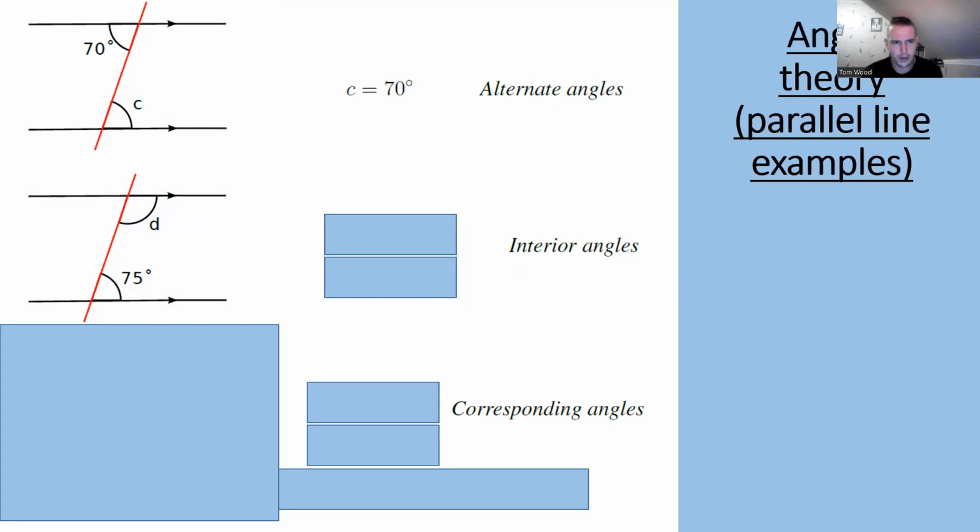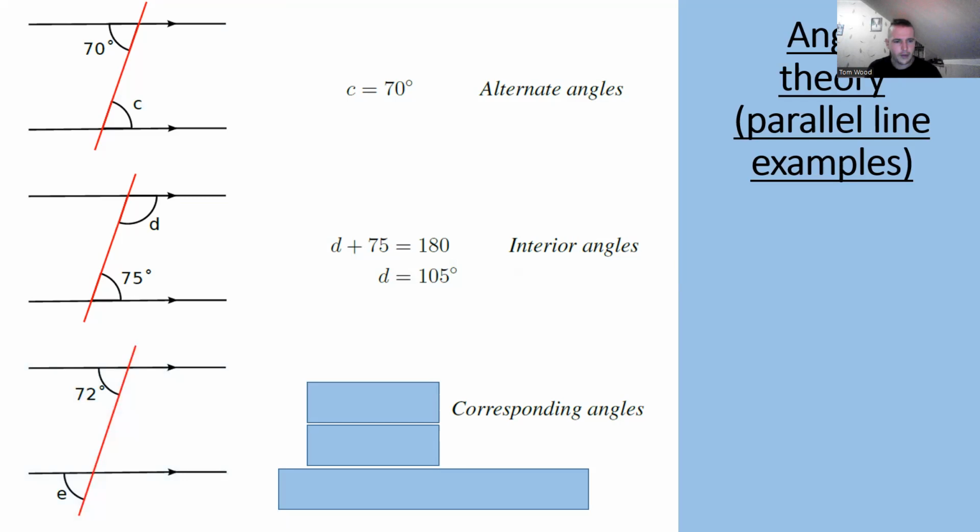With this one, I can see that's 75. Again, if I were to move it, it will just sit perfectly up here. It's the top angle part of here. I know that together, these will equal a straight line. So I've got angle D and 75 are 180. So I can just take 75 from 180, and I've got 105 degrees left.